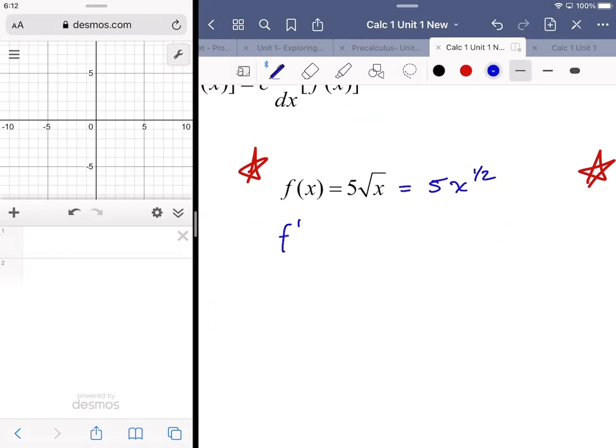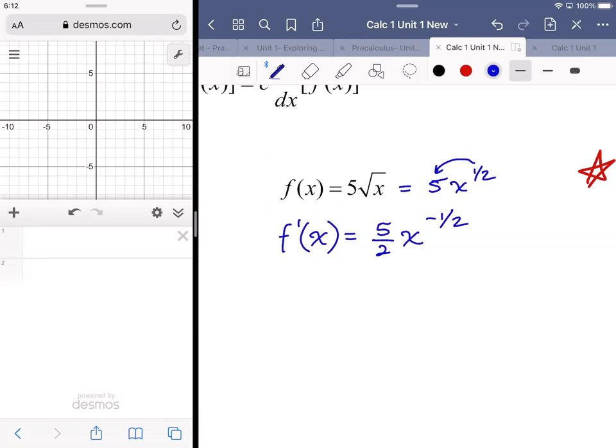So if I want to find the derivative there, I would make that move first. And then once I do that, it's just a matter of taking my power, multiplying it by the coefficient, and reducing my power by 1. So 5 times 1/2 is 5/2 x to the negative 1/2. All right, 1/2 minus 1.